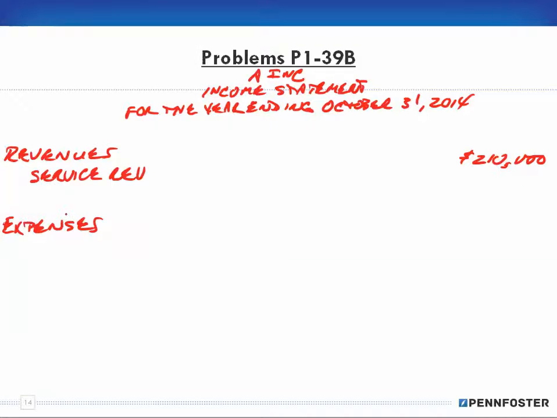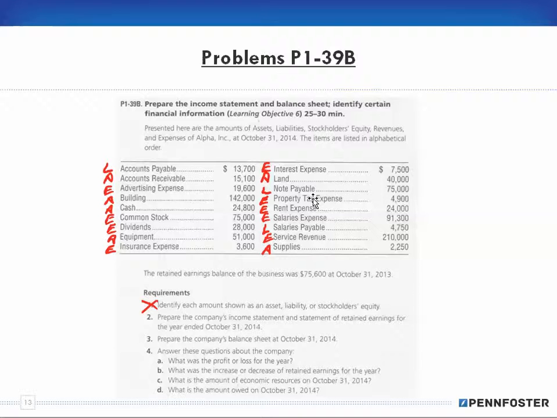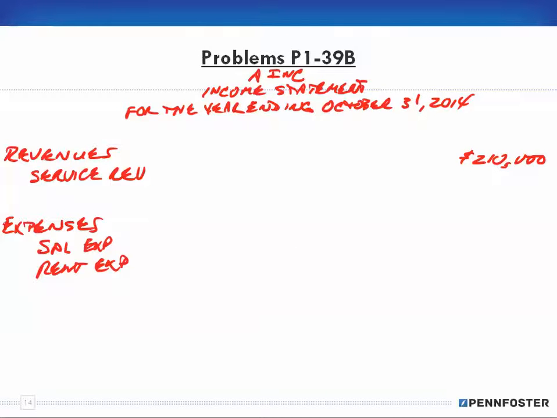But now with expenses, it's different, okay? We have to list all of our expenses. Remember, I'm indenting here. So I have salaries expense, rent, and I'm getting these from this information right here, okay? Just so you're aware, if you're wondering where I'm getting them from. I'm transferring this information to my financial statements.